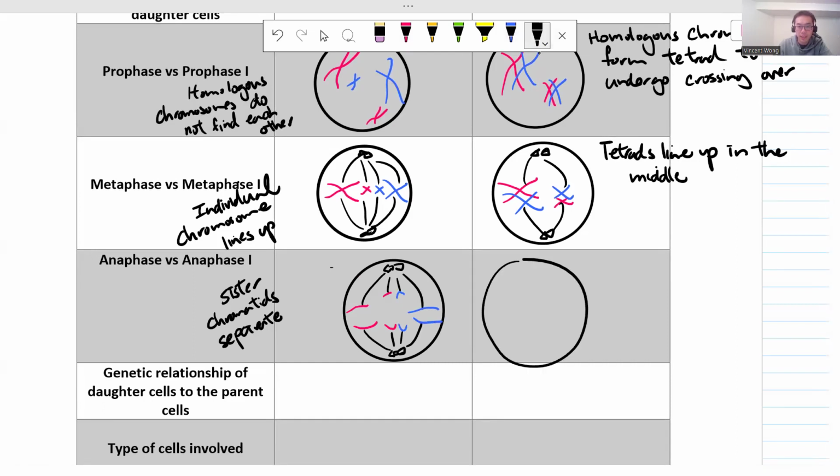But in meiosis, it's not the sister chromatid that separates. It's the homologous chromosome that gets separated. And again, there's going to be crossing over that has already happened, but I'm not showing it for simplicity.